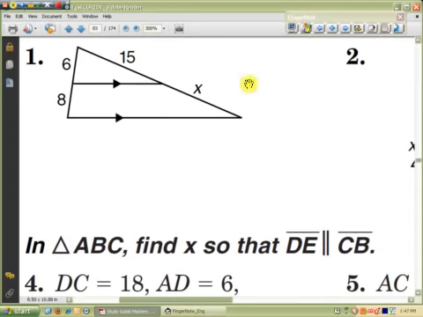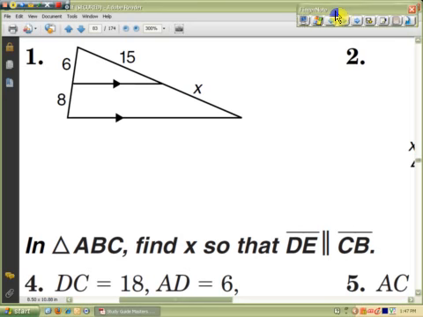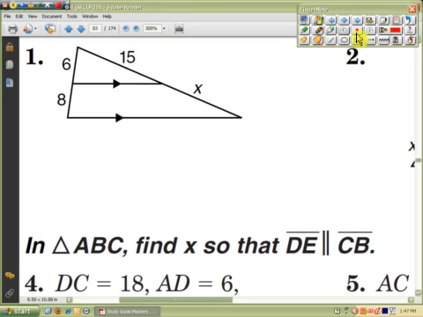So basically we're staying with the same theme that we've been doing, and that's proportions. So what we need to do is find proportions that we can put together in this triangle here to find x. Okay? And in the notes they discussed triangles that are cut by 2 parallel lines, and these 2 lines here are parallel.